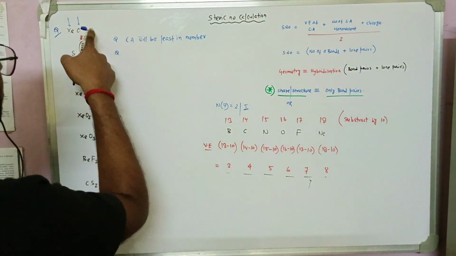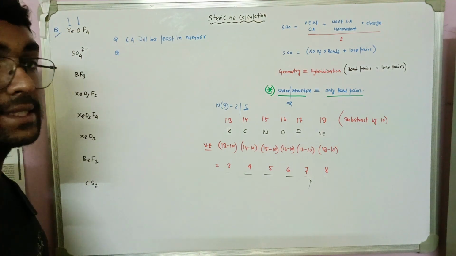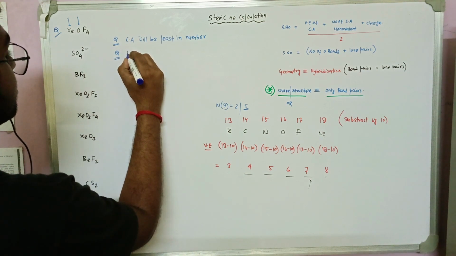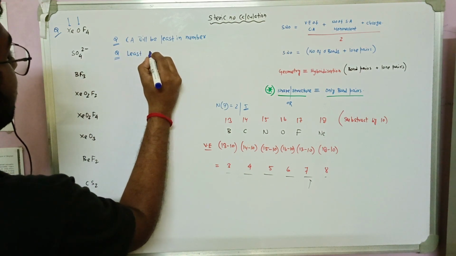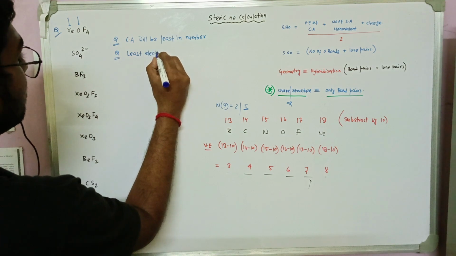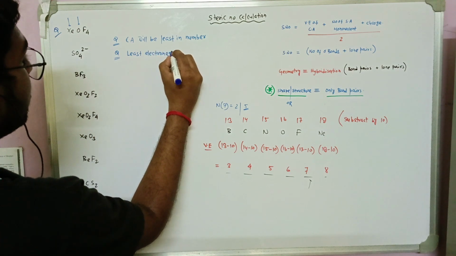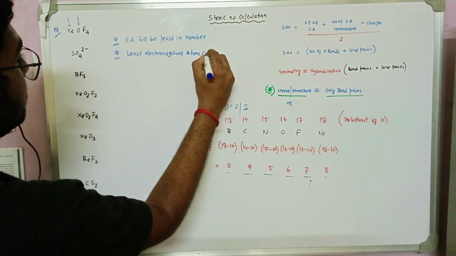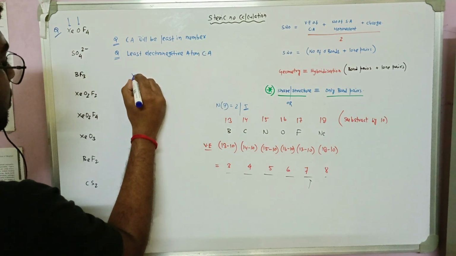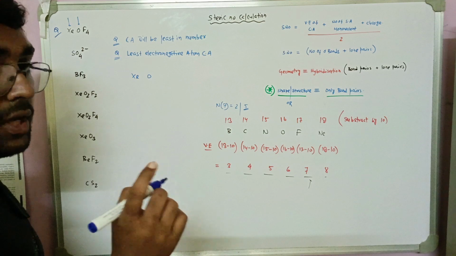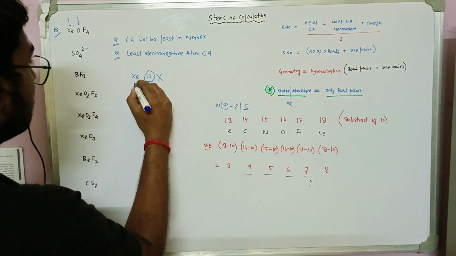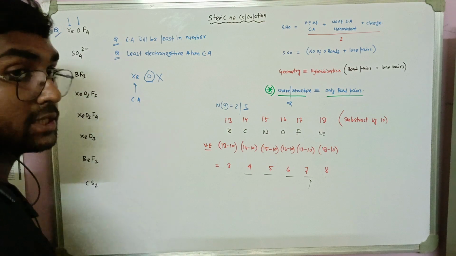So the first criterion is getting tied between Xe and O, and then we have to look at electronegativity: the least electronegative atom will be the central atom. So between Xe and O, oxygen has the highest electronegativity, so it can't be the central atom. In this case the xenon will be the central atom.